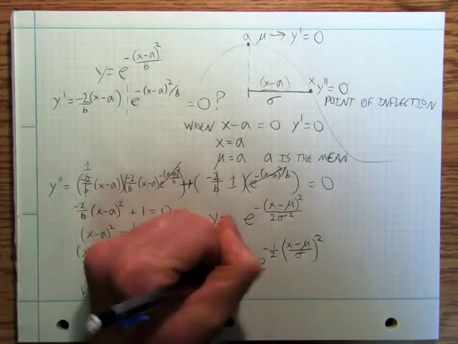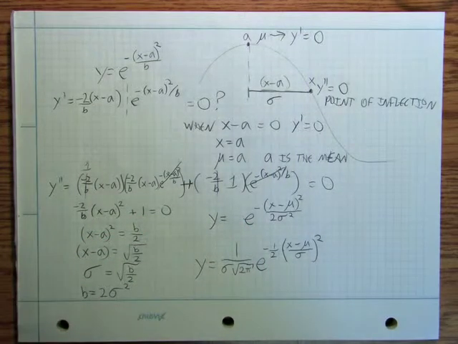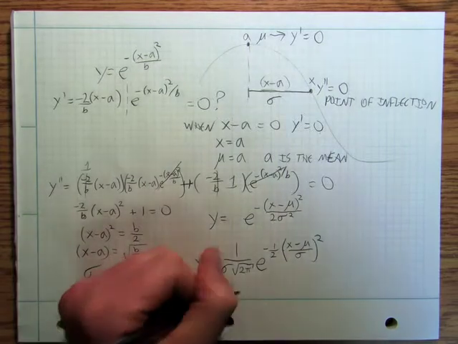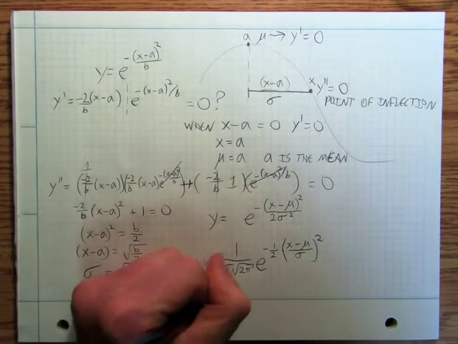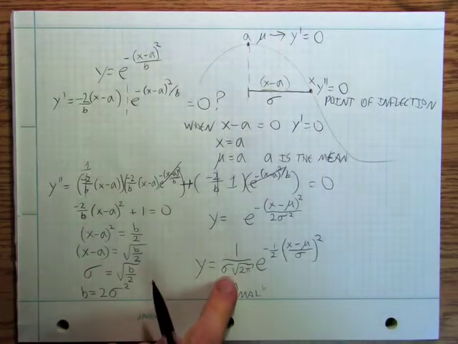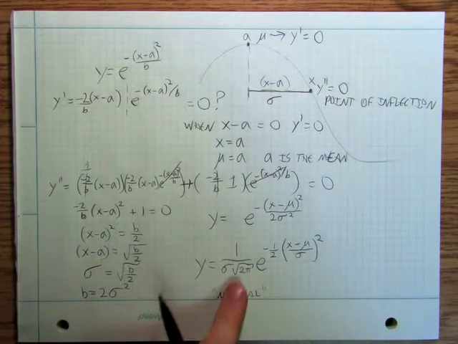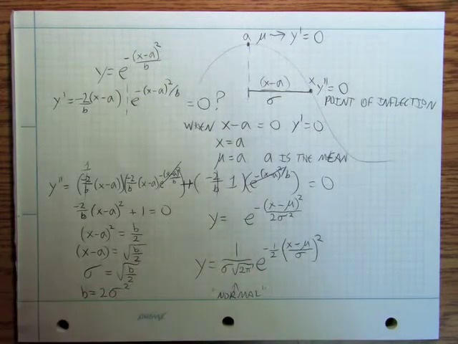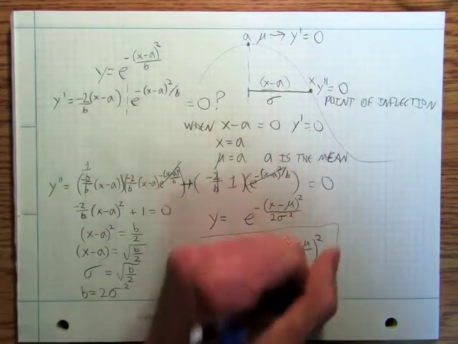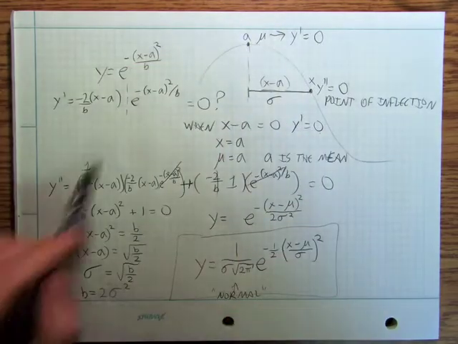I'm going to throw a factor out front, and that factor is what's going to make it a normal distribution. So this means that the area under the curve is always 1, and we're going to have to talk about integration here in a little bit. If you look on Wikipedia, this is the function that they give you as the normal distribution function, and this is sort of how we've gone through it.